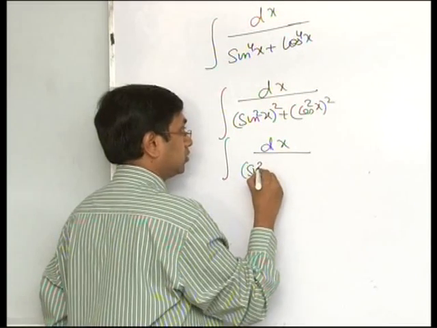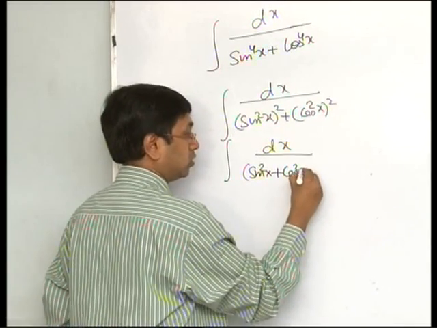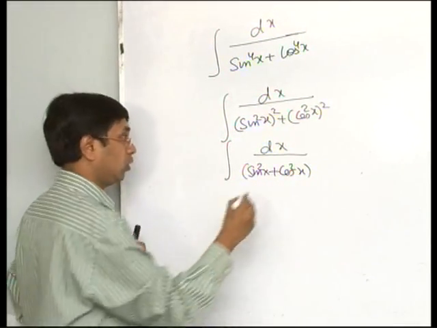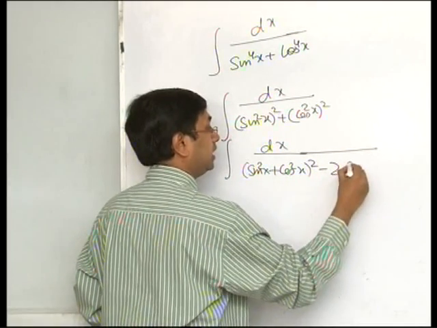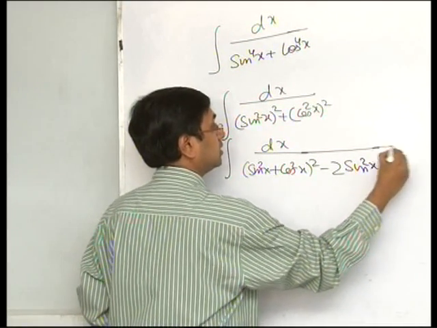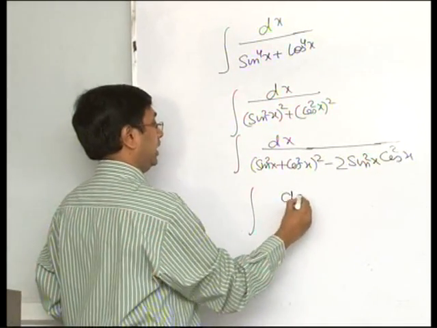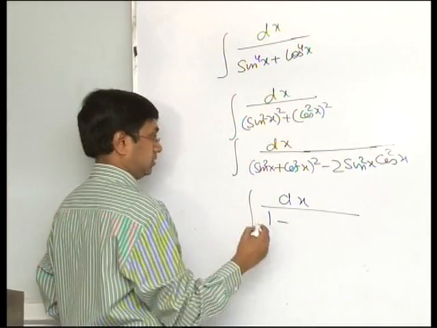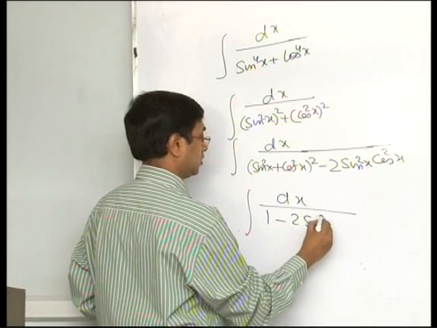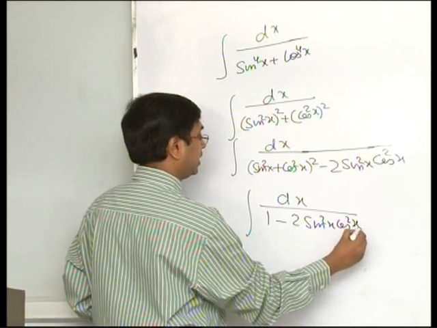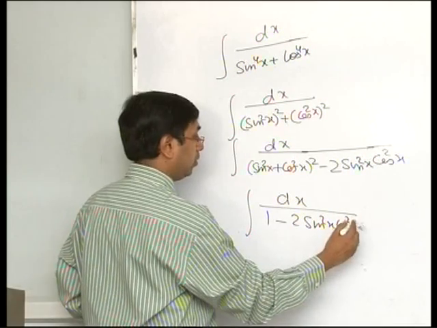So you can do sine square x plus cos square x whole squared minus 2 sine square x cos square x. That's a simple problem. Now dx upon 1 minus 2 sine square x cos square x. From here you have various alternatives of doing this particular problem.